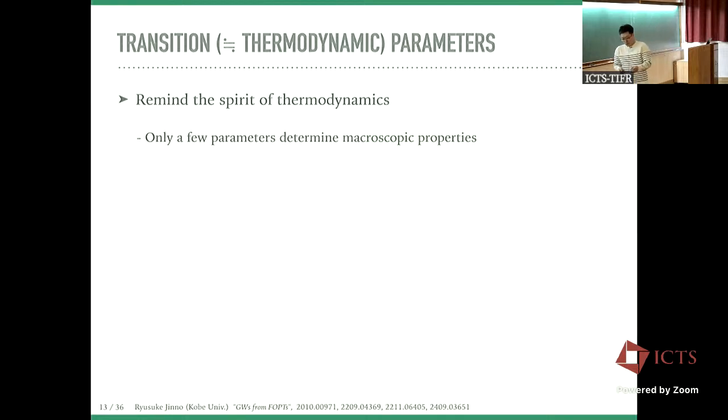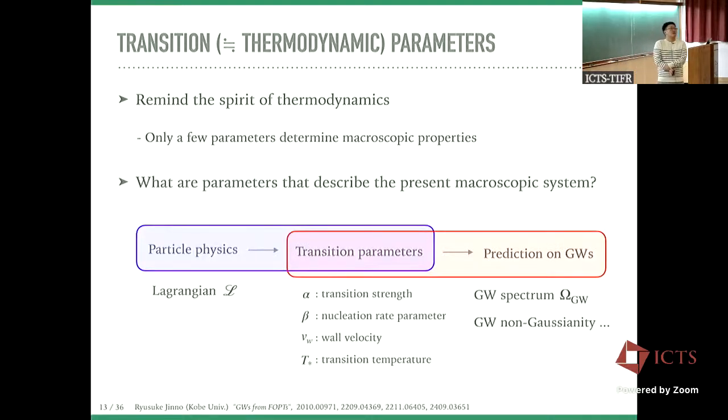So, for example, if I drink this water, I don't care about the motion of each molecule. So only the temperature, the viscosity, all these macroscopic parameters determine the macroscopic outcome. And the same thing applies to this gravitational wave production.